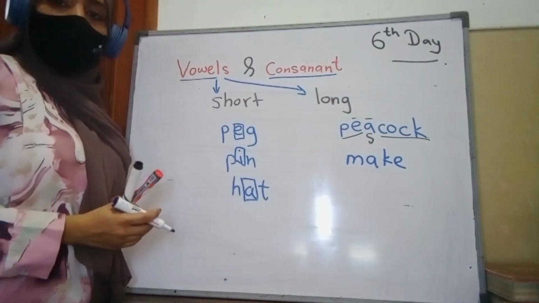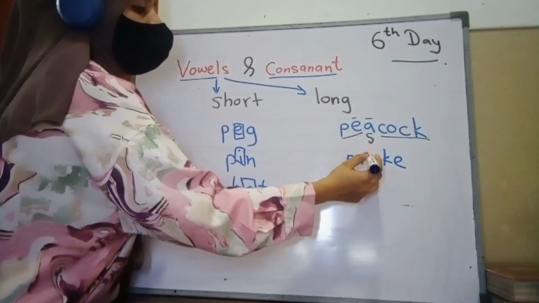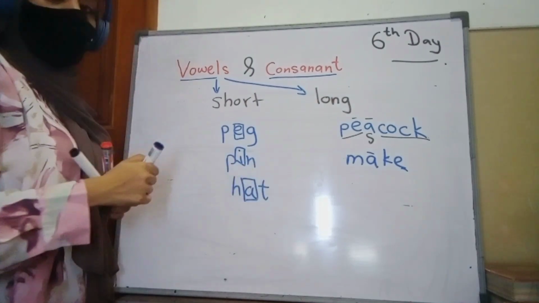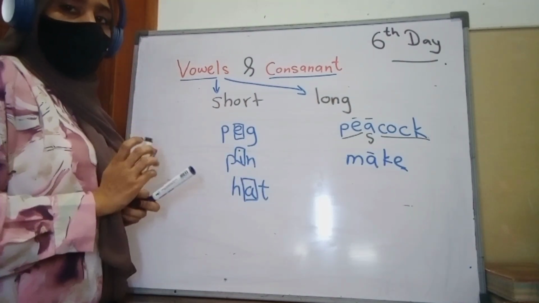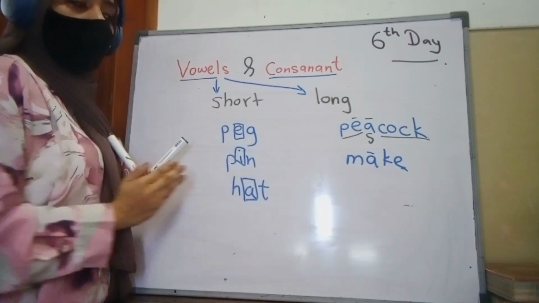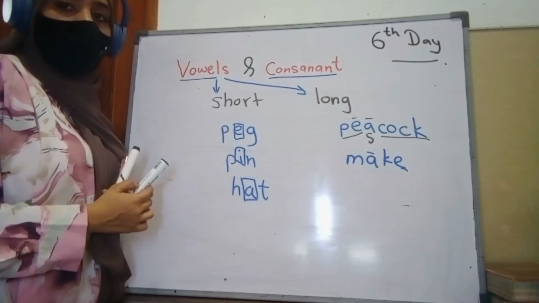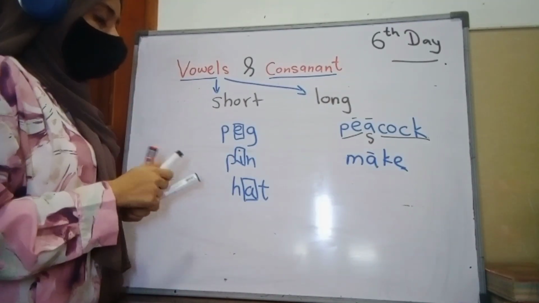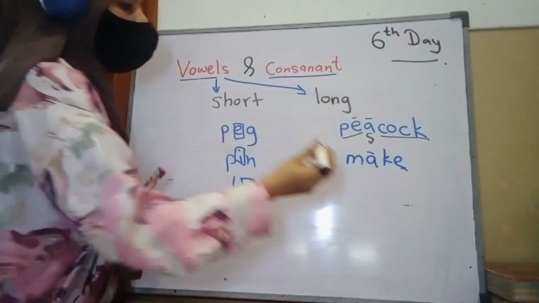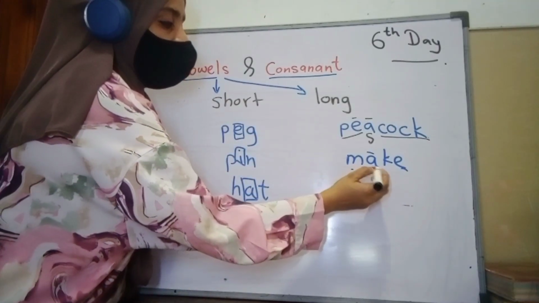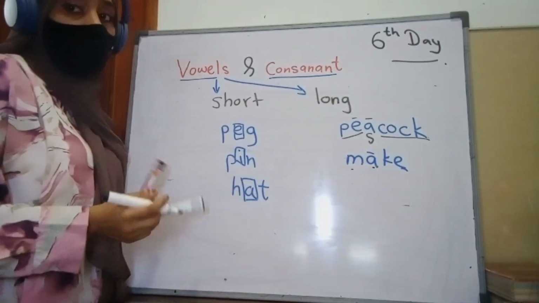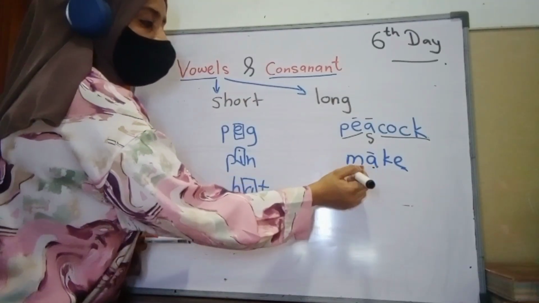There are two vowels in a word, a and e. The first vowel we have to pronounce in a long sound. The second vowel has to be a silent one. So it is pronounced like make, not make it. Make.